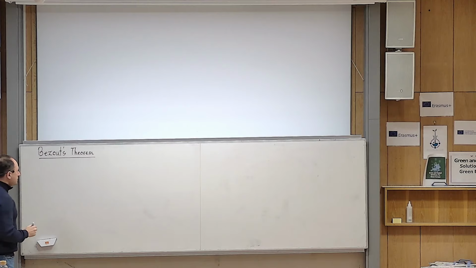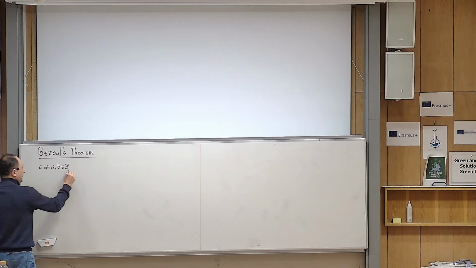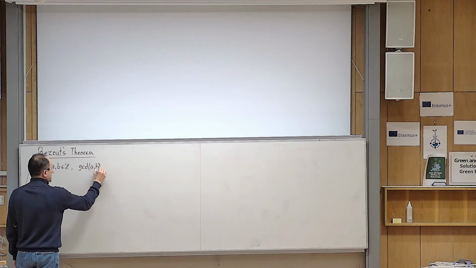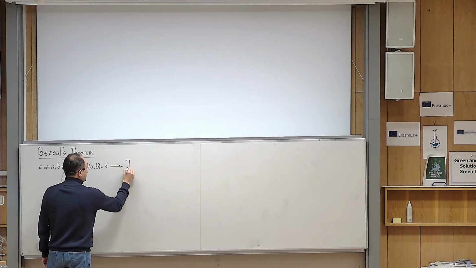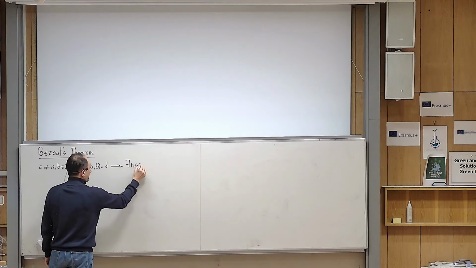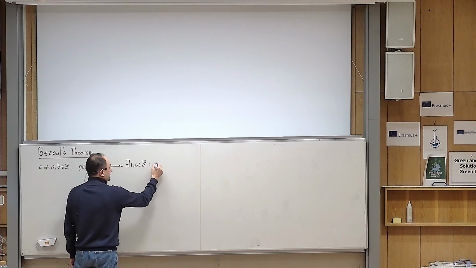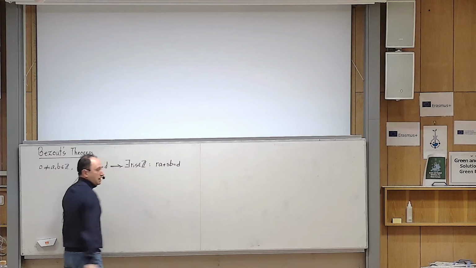Bezout's theorem asserts that if a and b are integers and both non-zero, and if the greatest common divisor of those numbers is the natural number d, then the existence of two integers r and s so that ra plus sb is equal to d is guaranteed.